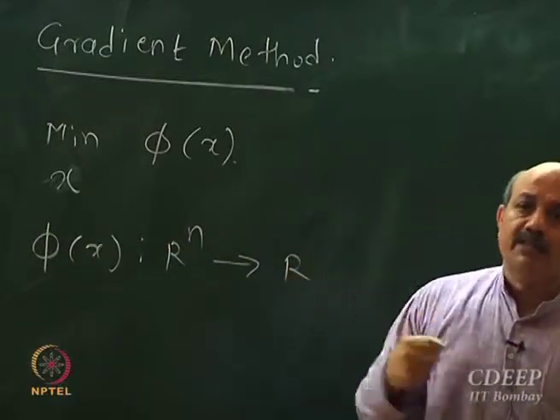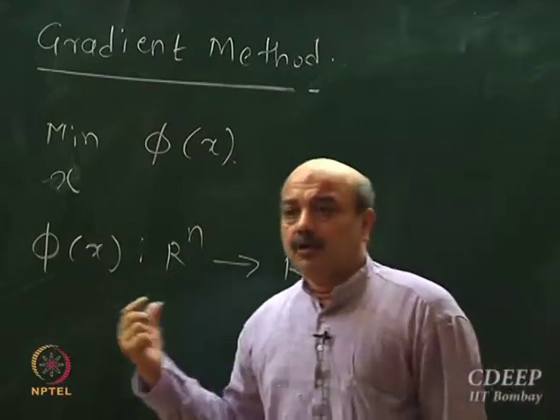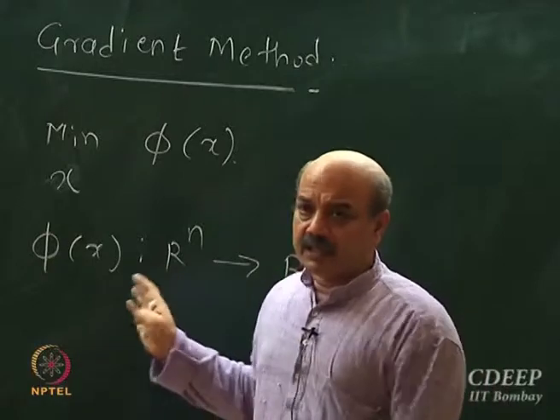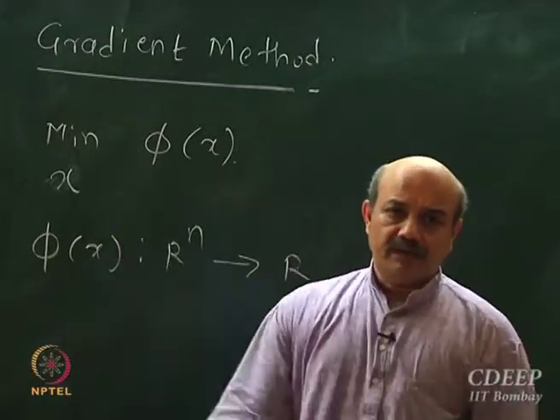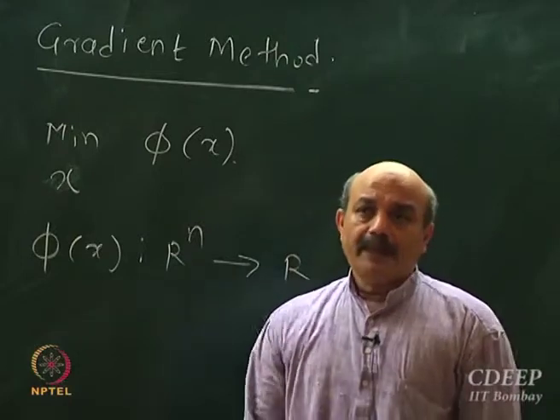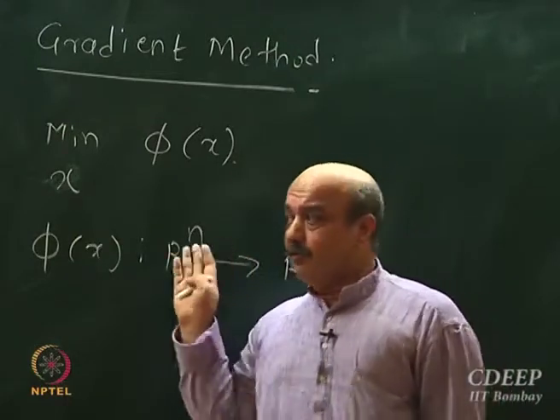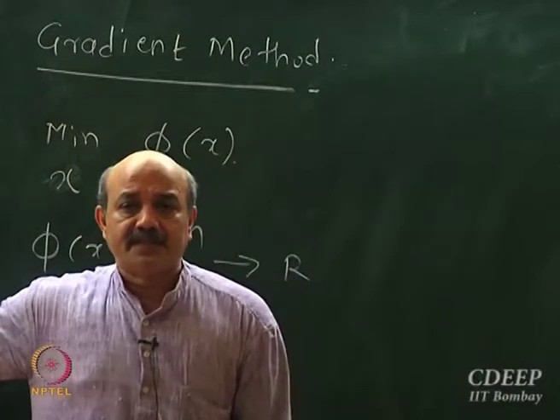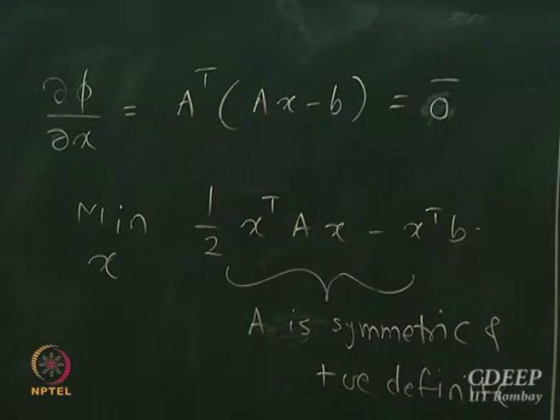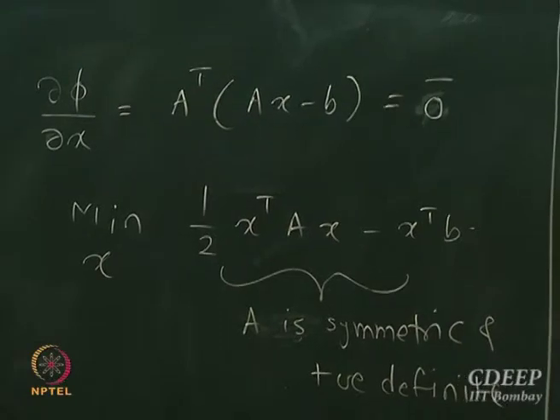I want to come up with an iterative scheme to reach a local minimum in this particular case, because in general phi(x) need not be nicely behaved. And then after I derive that, I want to apply it to this specific case. The purpose is twofold.